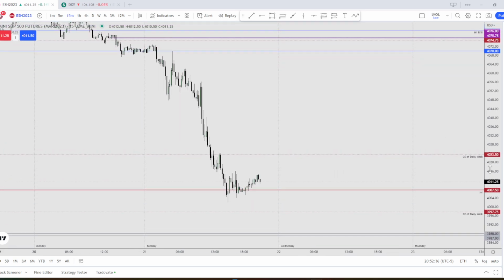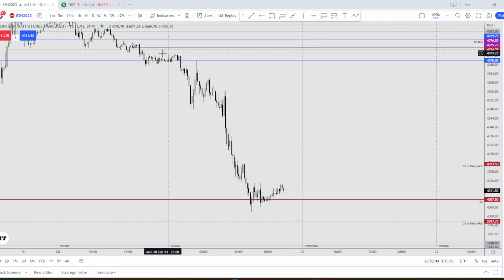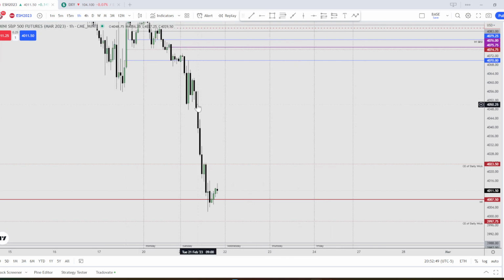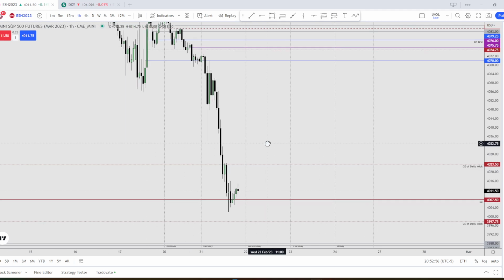So in the morning session, I would wait till 9:30, and of course I will look out for London as well. Right, on a 1 hour time frame, you can see that we have quite a lot of CBs right here that can be targets for retracements, and from there we can resume the decline.